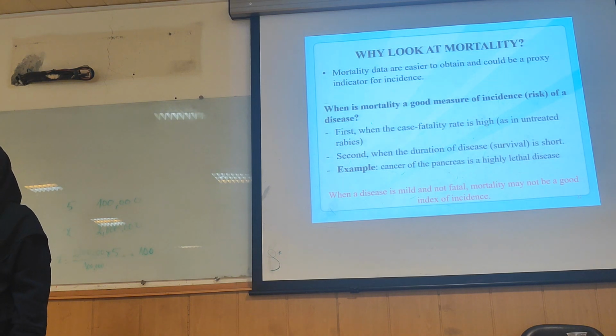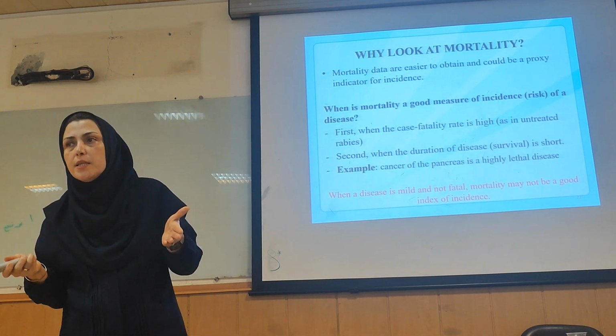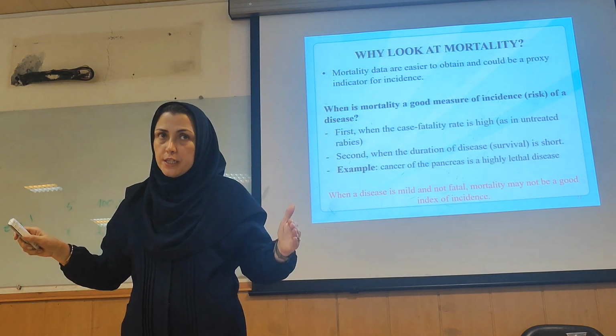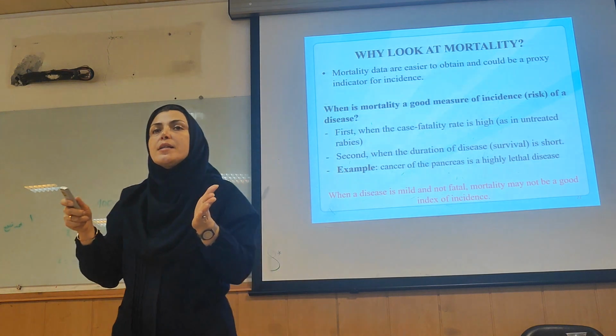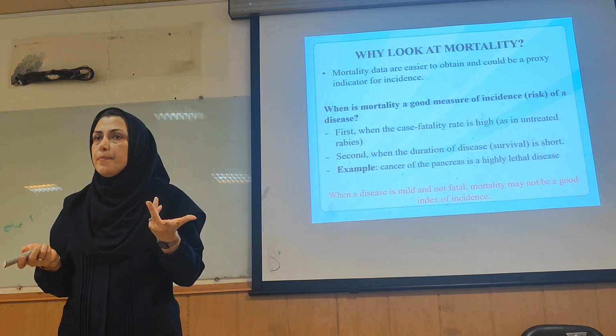So you can say that if I have the number of mortality from pancreatic cancer during 1 year, I can assume that the incidence rate of pancreatic cancer is the same.